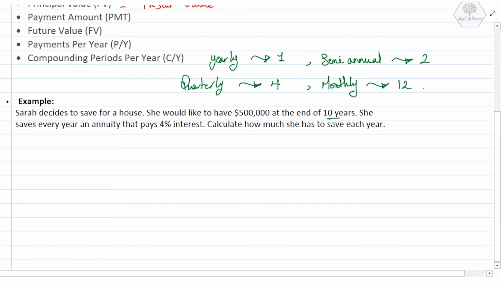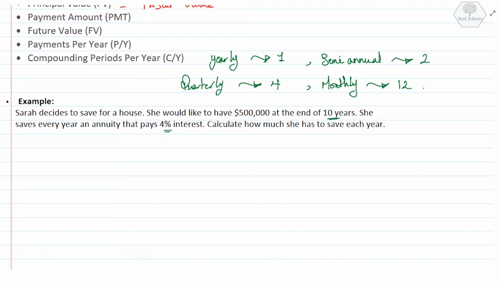So at the end of 10 years, she would like to have 500,000 US dollars. She saves every year an annuity that pays a 4% interest. Calculate how much she has to save each year.